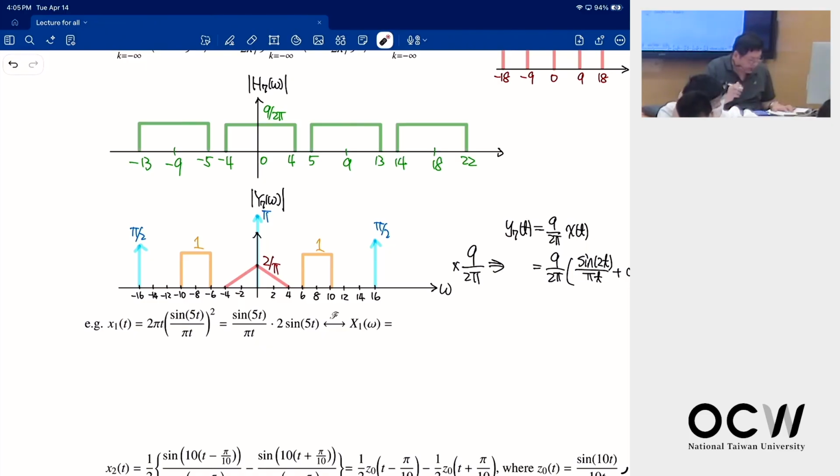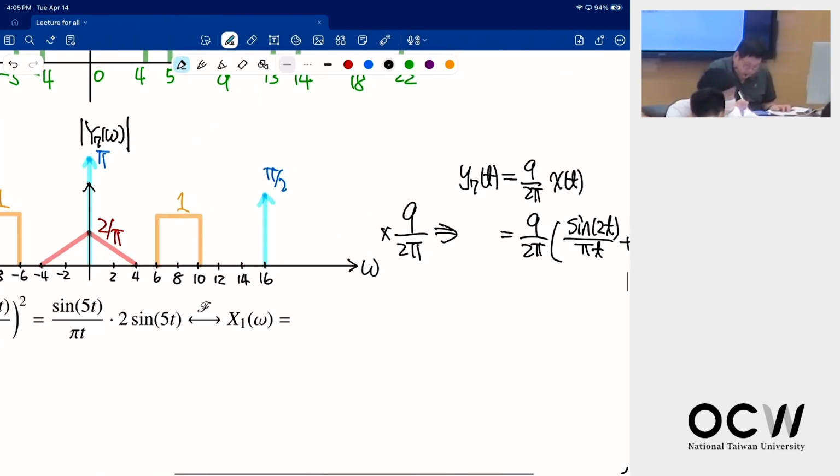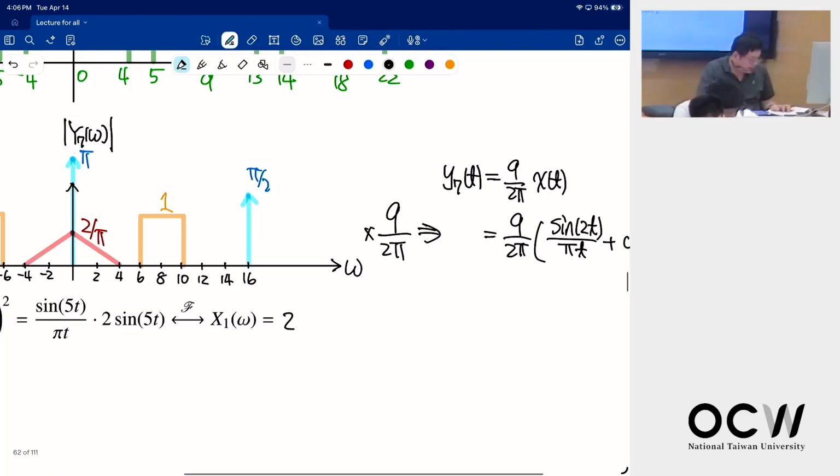Okay, so your frequency domain looks 2 times. You shift to the right and also shift to the left, but since you are timing sine, not cosine, so you will have 1 over 2j.